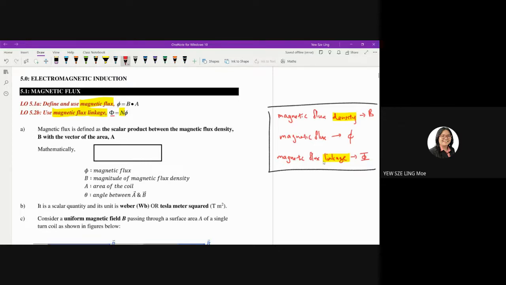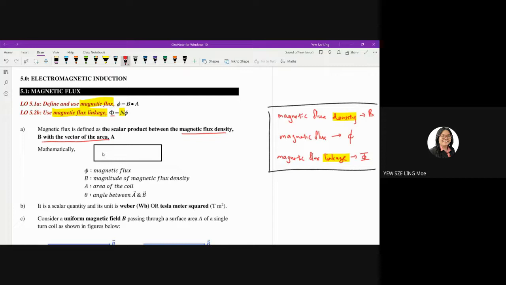So what exactly is magnetic flux? Magnetic flux is defined as a scalar product between the magnetic flux density and the vector of the area. It is a scalar product.